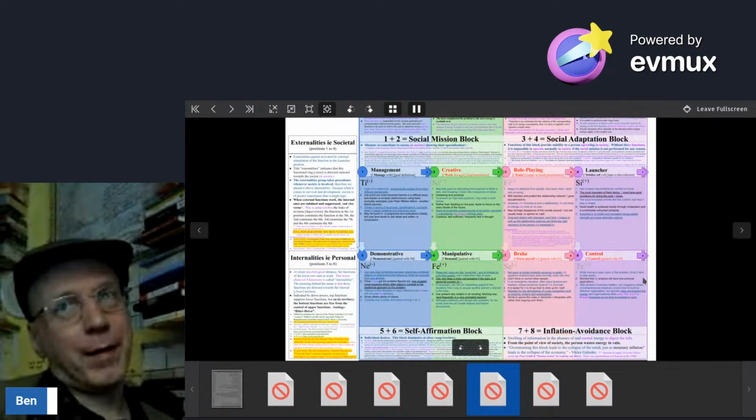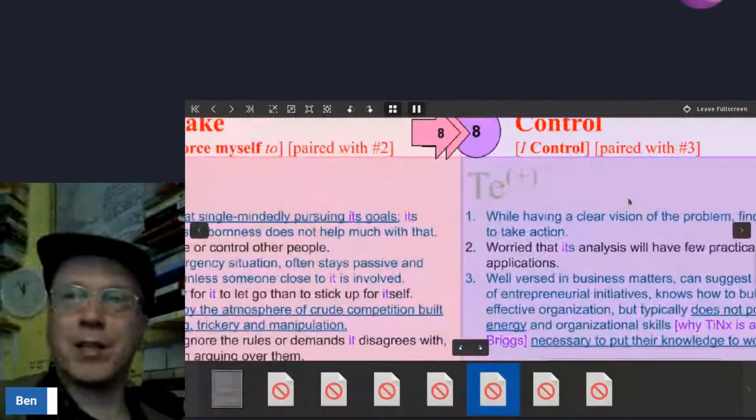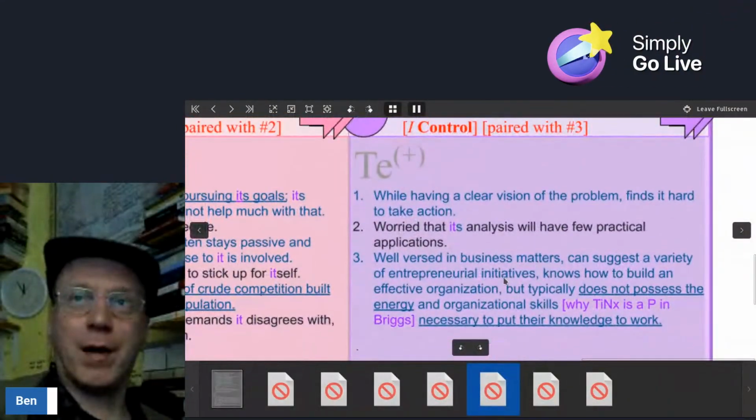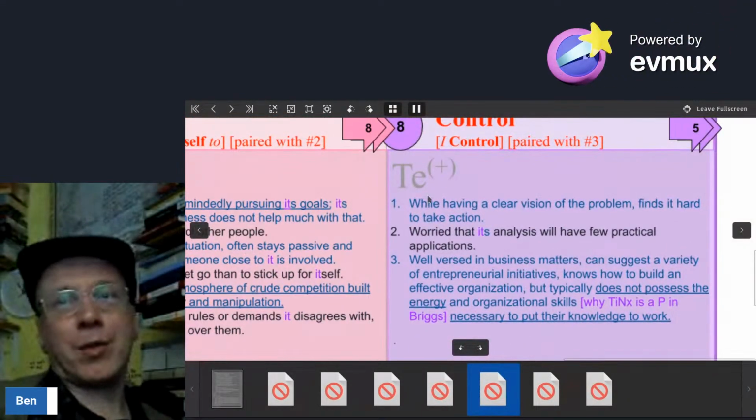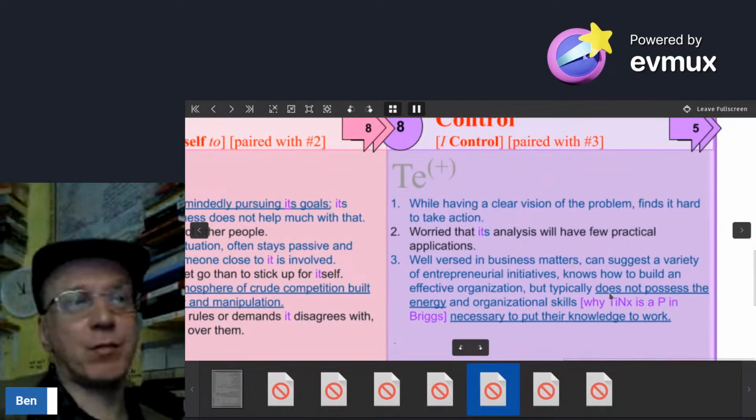It depends on the kind of organization that we're talking about. And also, this is an overly narrow definition of TE in terms of business logic.